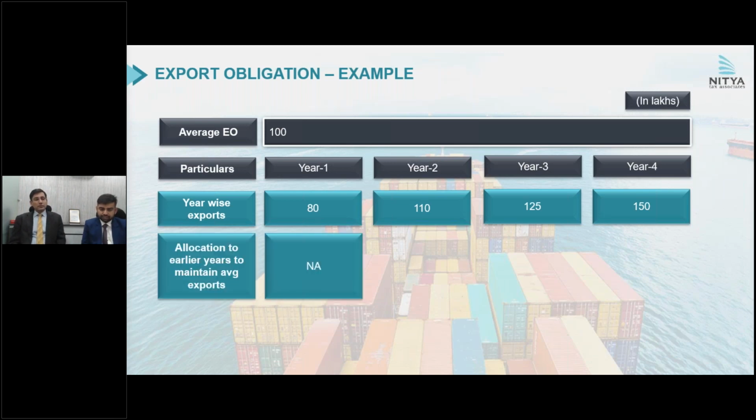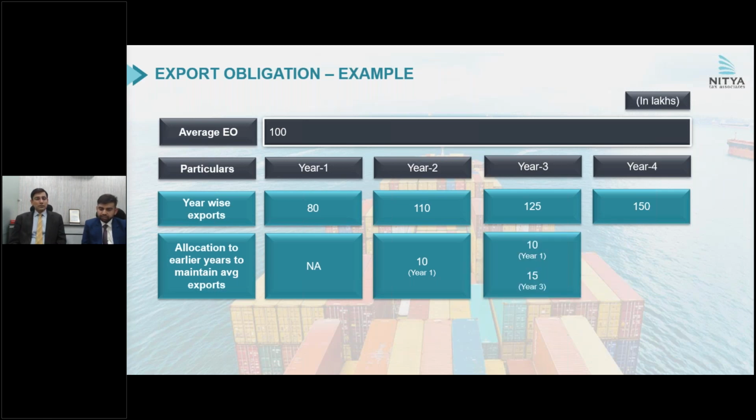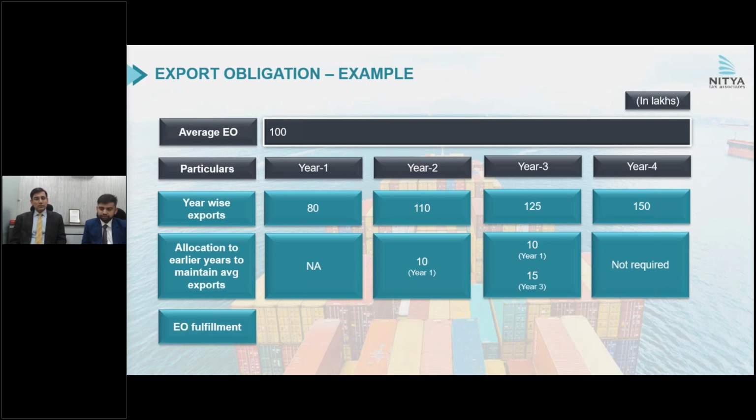In year 1, the export obligation is not fulfilled. In year 2, 110 is there, but the average export is 100, so 10 lakhs is attributable to year 2. In year 3, 25 is attributable. And in year 4, 50.